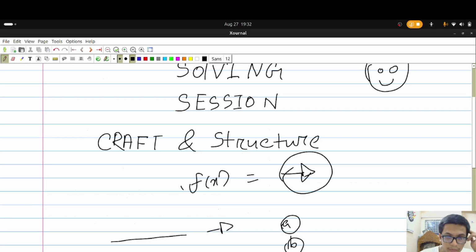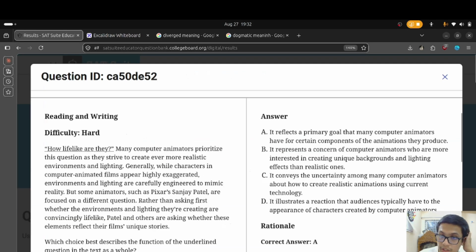This is the primary goal, the primary goal that many computer animators have for certain components of the animations they produce. Okay, so yeah, I guess that's a very good thing to do. We made a mistake, but we'll learn from it.